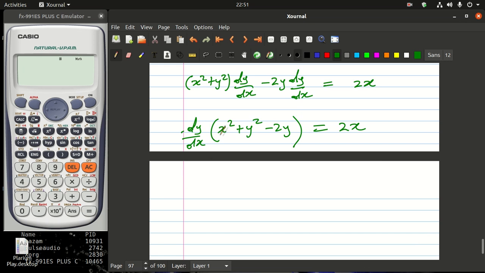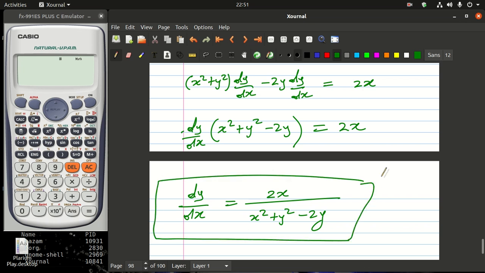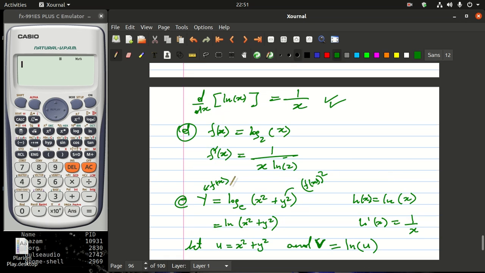And then of course if I divide by this on both sides, I end up with dy/dx being equal to 2x all over x squared plus y squared minus 2y. You can see how easy this is, because that's actually what we were looking for, given something nice like this.